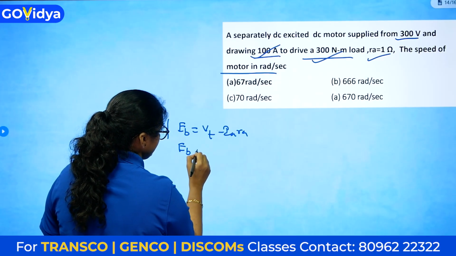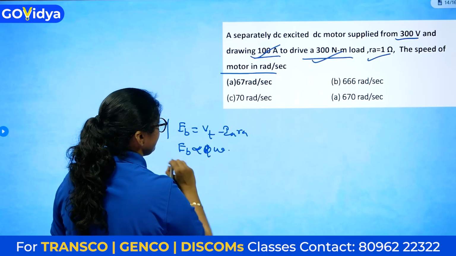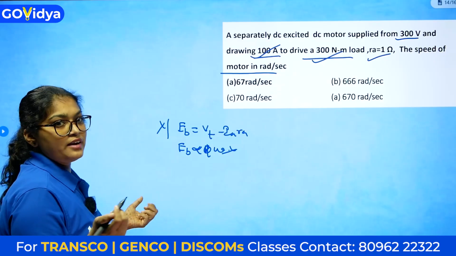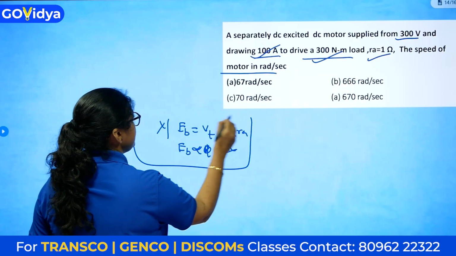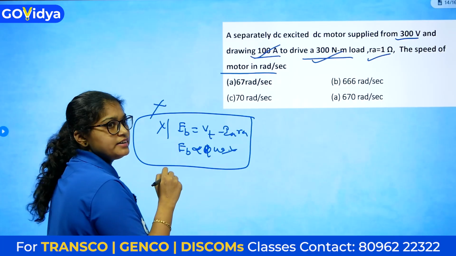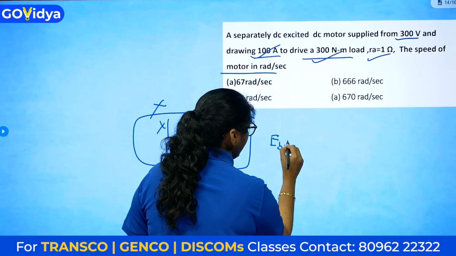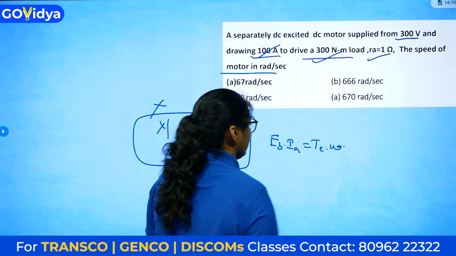So EB is directly proportional to phi omega, but in the question they have given the torque. So by using this equation also I cannot calculate. So by using one of the performance equation I can calculate it. That is EB into Ia is equal to Te into omega.